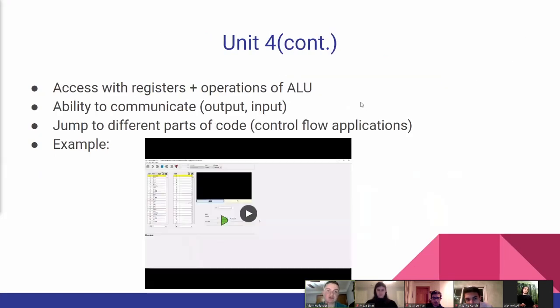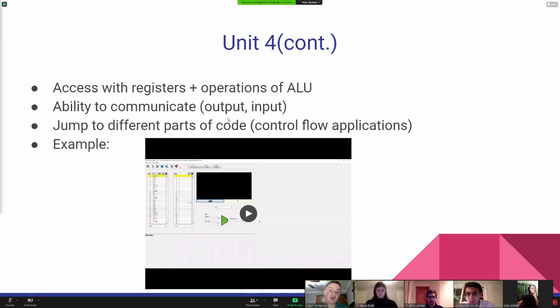And so basically, one key aspect of machine language is that it combines access and the ability to store values in registers with the operations of the ALU. That creates a cohesive language that can then be built on by higher level languages such as Python, Java, JavaScript.